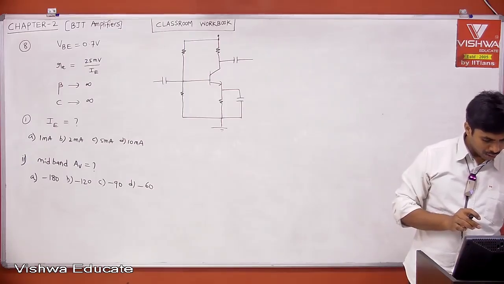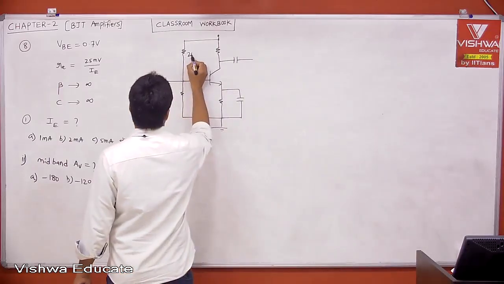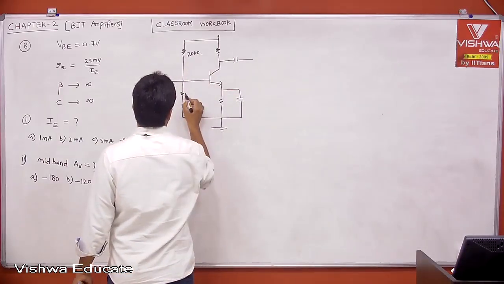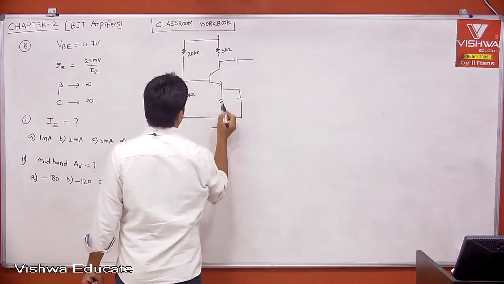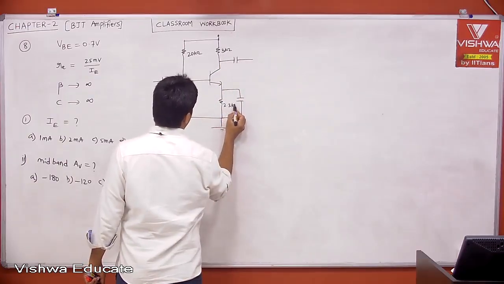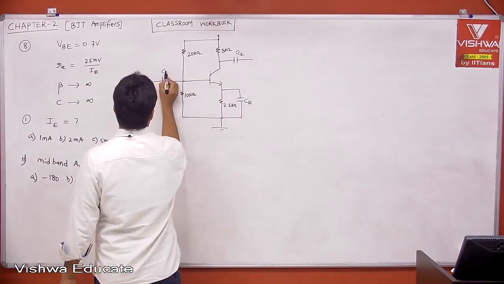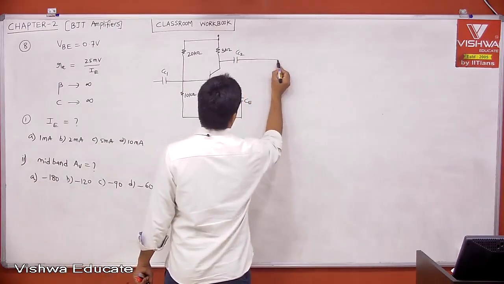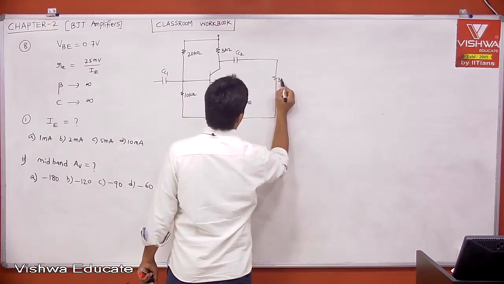2.3K, 3K. Now the load is given. This is the load, which is 3K.